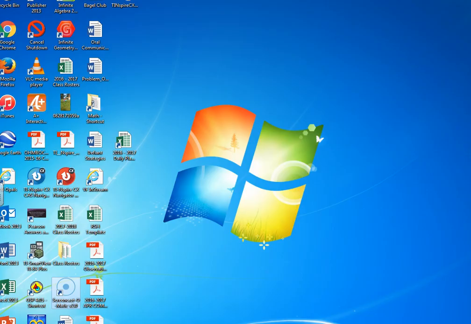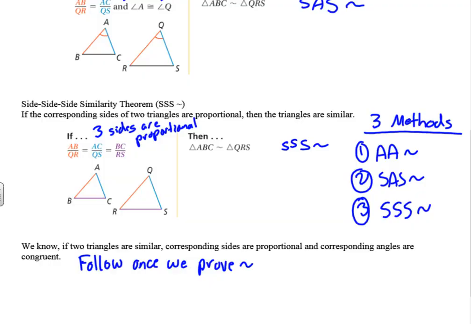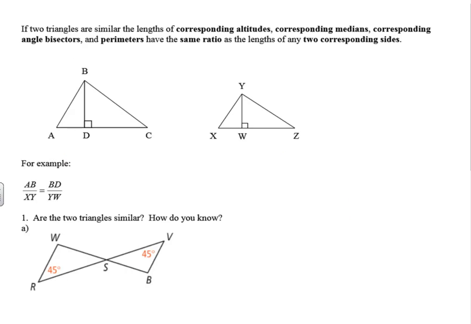Somehow my board got a little off here, but let's see if we can move it on. Related to that, a corollary is: if two triangles are similar, the lengths of corresponding altitudes, corresponding medians, corresponding angle bisectors, and perimeters have the same ratio as the lengths of any two corresponding sides.